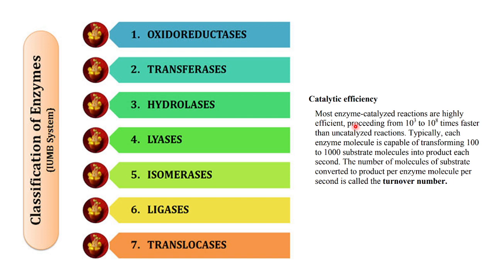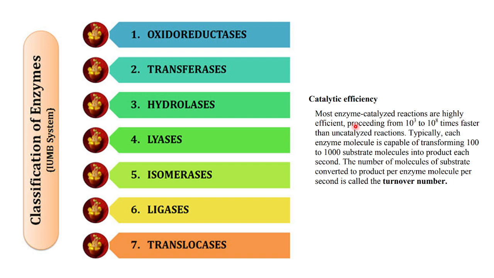From the catalytic efficiency, the most important term is your turnover number. So what is this turnover number? The turnover number is the number of molecules of substrate that are converted to product per enzyme molecule per second.